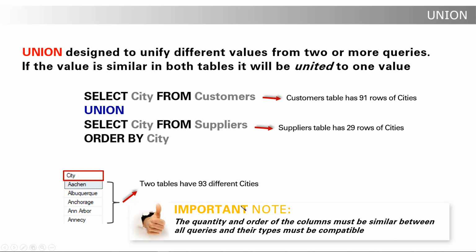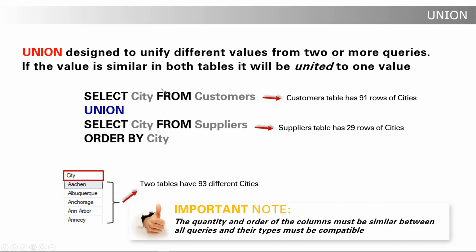One more important note: the quantity and the order of the columns must be similar between all queries, and their types must be compatible. What does it mean? It means that we need the same number of columns in the first query and in the second query.